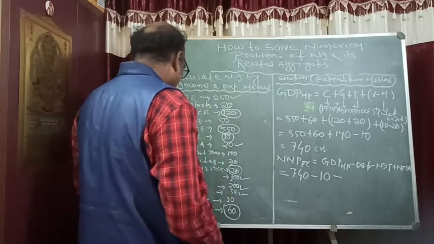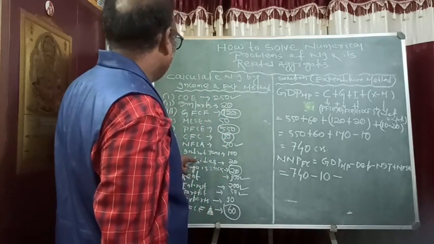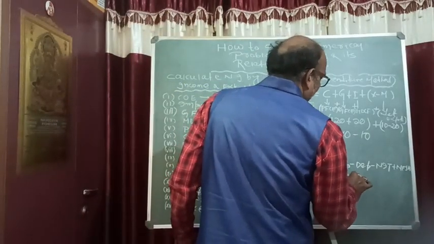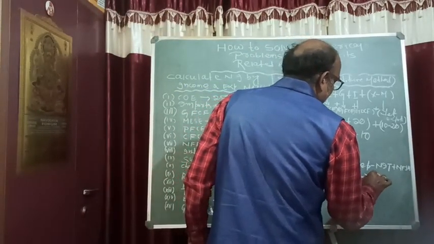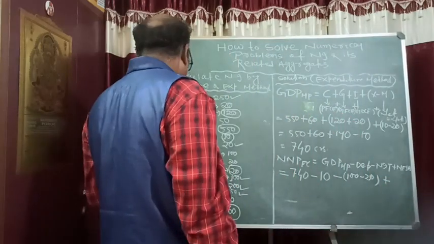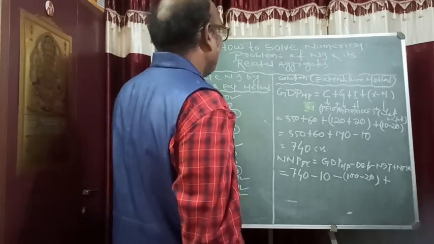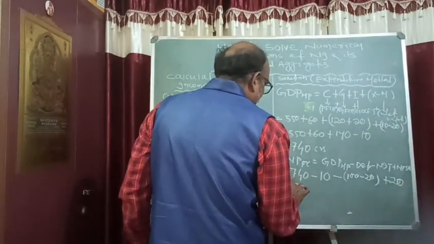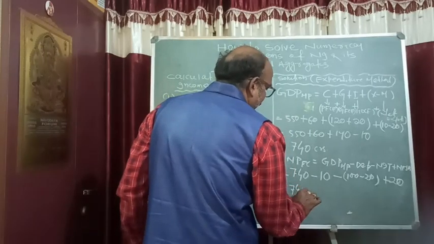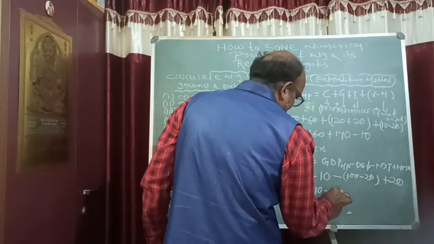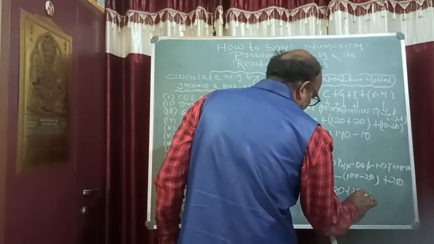Indirect tax is 100, subsidy is 20. So you can write 100 minus 20 plus NFIA. And your NFIA, net factor income from abroad, is 20. So it is 740 minus 10, 100 minus 20, 80, plus 20.